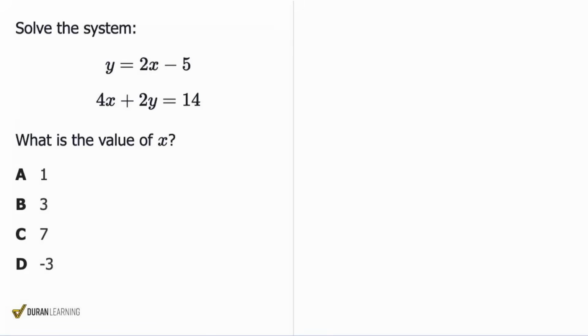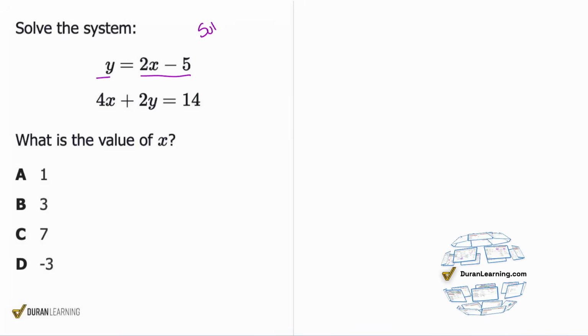Is it substitution or is it elimination? Which one is the better technique when you already have a variable by itself? Yeah, ding, ding, ding, substitution. That is the primary method here. Again, isolation, we're gonna use substitution.